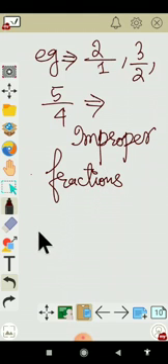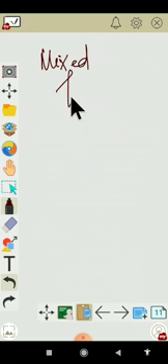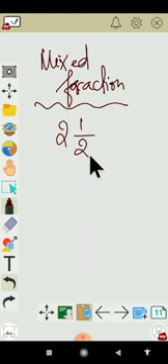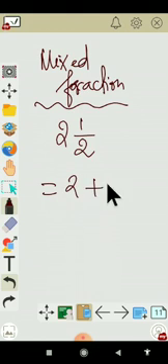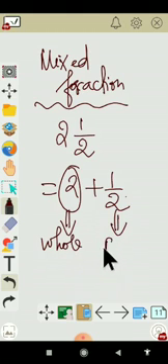Now mixed fraction. A mixed fraction is a fraction which is made of a whole number and a fractional part. 2 1 by 2 is actually made of a whole number and a fractional part. This is the whole number part and this is the fractional part.